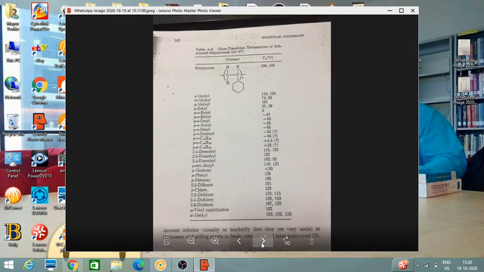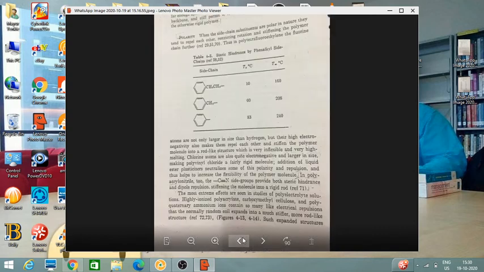Such expanded structures increase the solution viscosity so markedly. So more rigid, more stiff, therefore more viscosity. So they are useful as thickeners and gelling agents in food, cosmetics, and latex paints. So this is all about polarity.